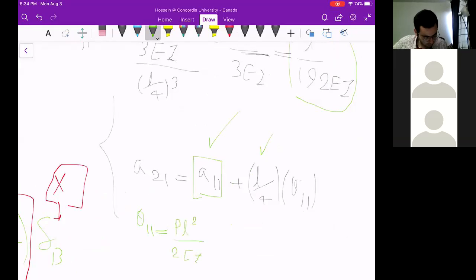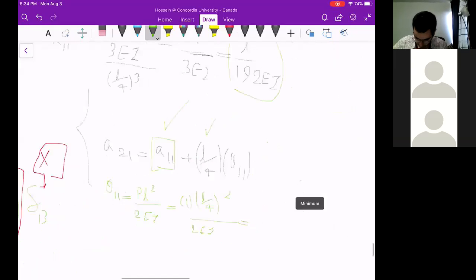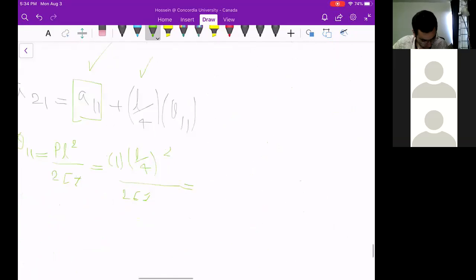So for our problem at point 1, P is unit, L is L over 4, so theta 1 is L squared over 32EI. This is also done. You can just plug in here.